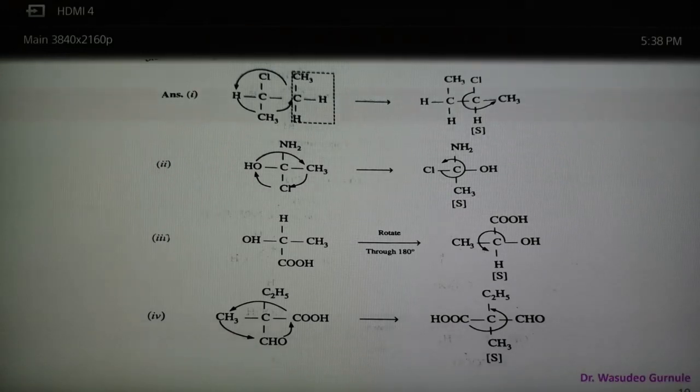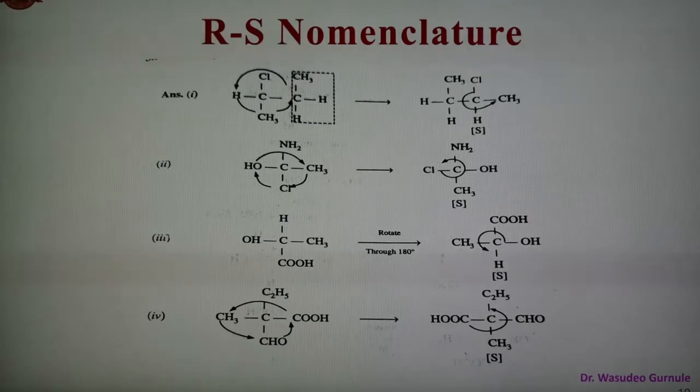So 1, 2, 3, again it is anti-clockwise, so this is the S configuration. So all the 4 examples have S configuration, that is sinister, anti-clockwise, moving toward the left according to the 1, 2, 3 priority. So this is the S configuration.